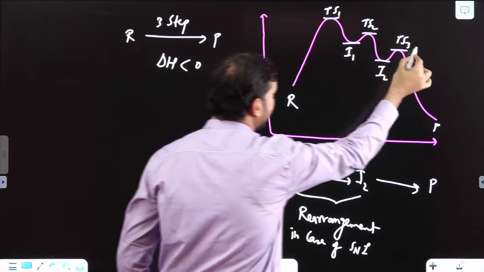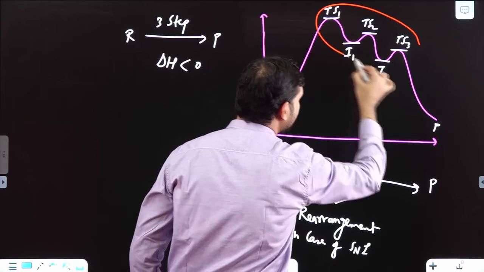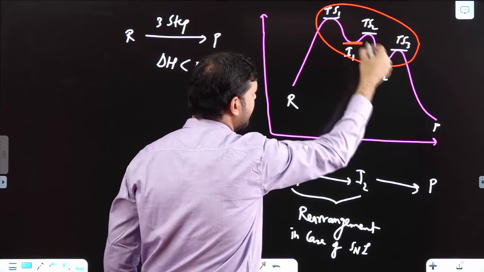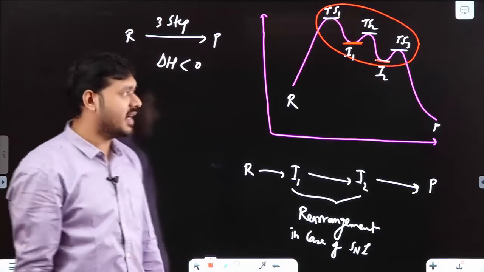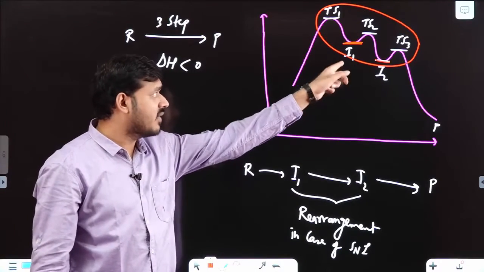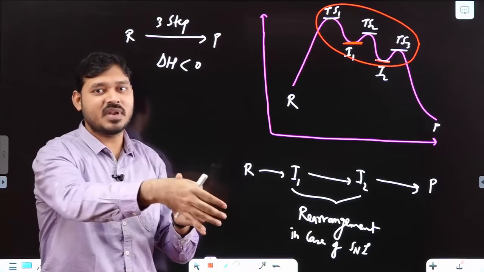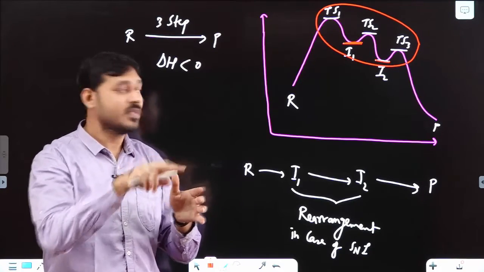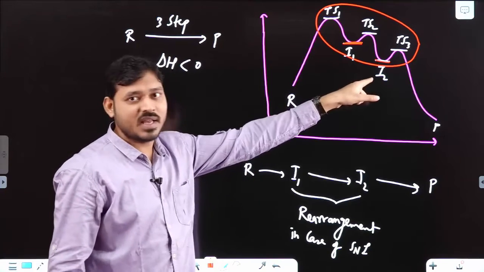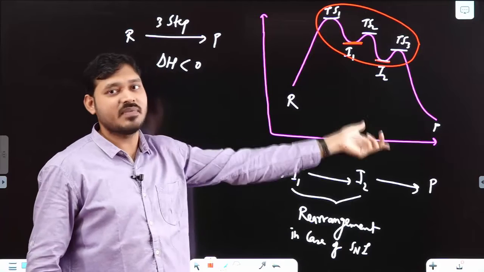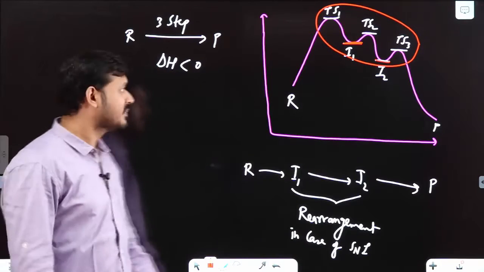If you observe this part, it is going on decreasing and decreasing. See I1 and I2. Now you can simply understand, if I have to compare their stability, definitely in every step of rearrangement, a more stable form forms. So stability of I2 is higher, so definitely its energy will be lower. You can see from this graph as well. Okay, clear to you?